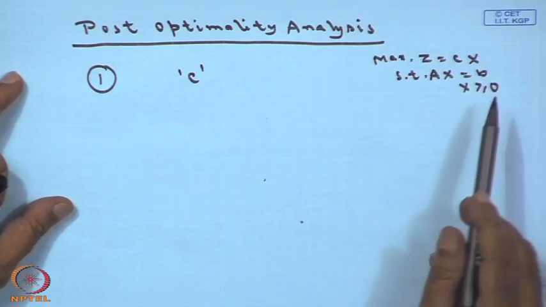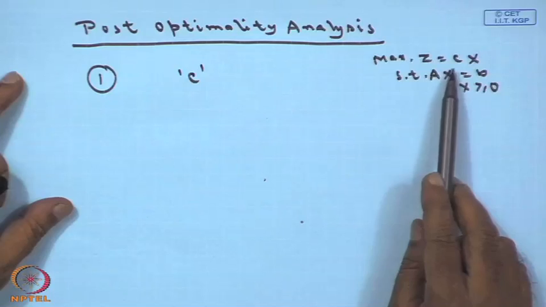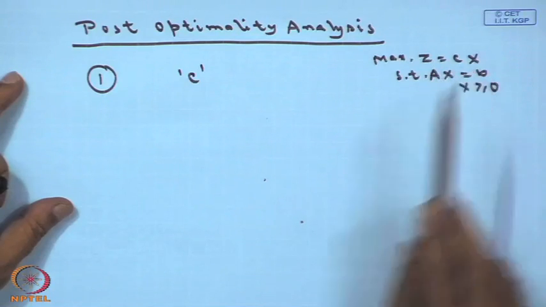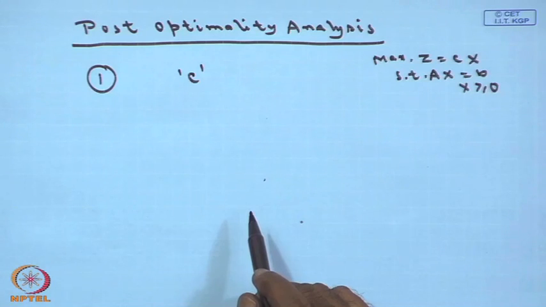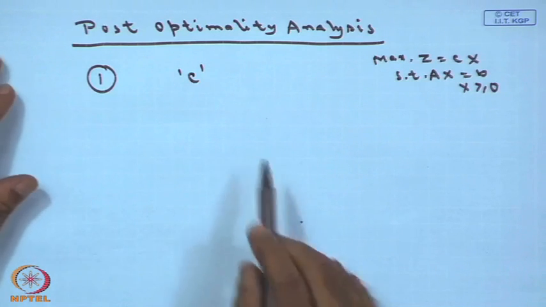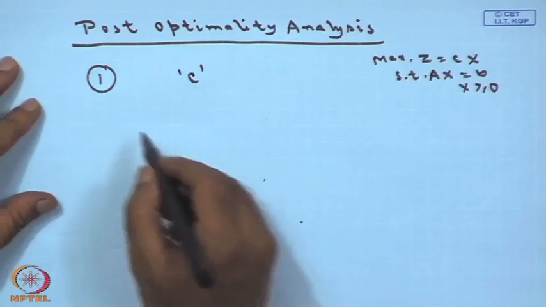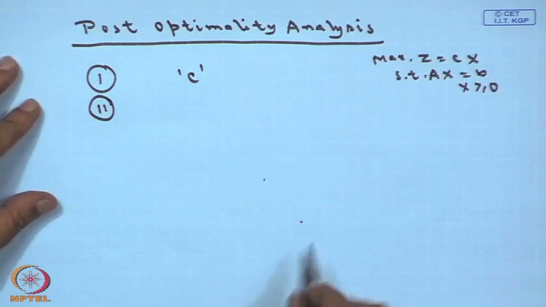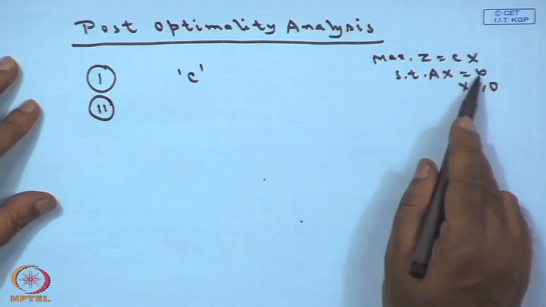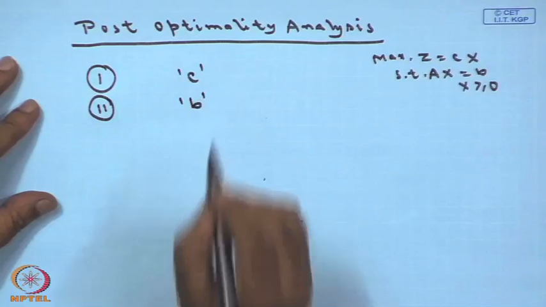The known parameters are C, A and B, and x is the decision variable whose value we have to find out. So, there may be a variation in the cost coefficient C. Number 2, there may be a variation in the requirement vector B.